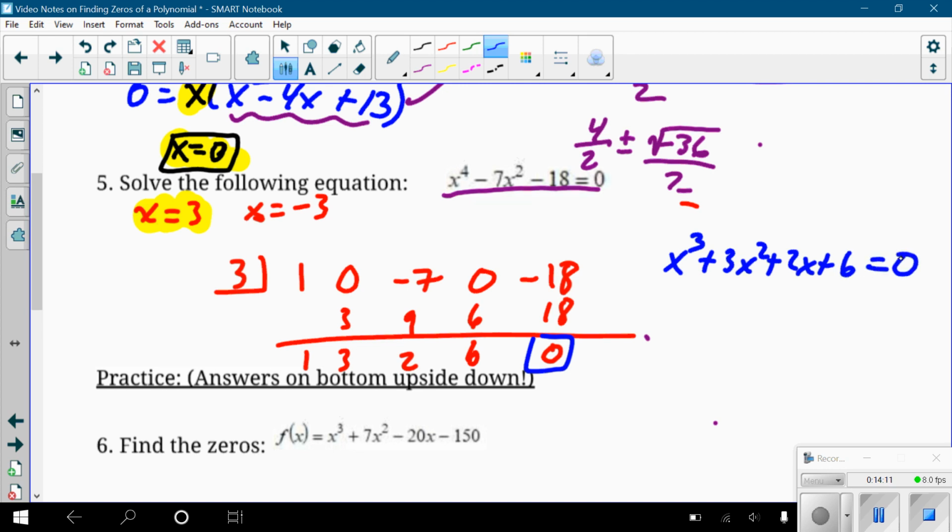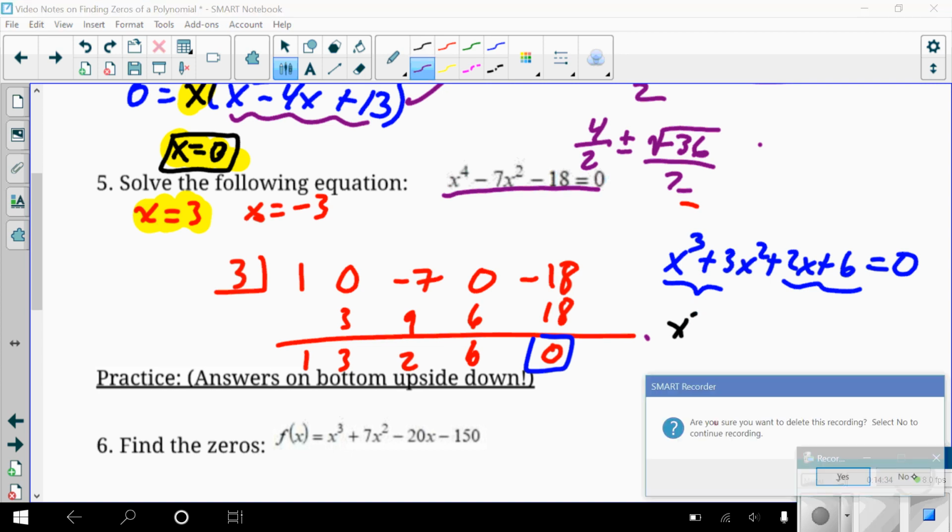Okay. And now I'm kind of back to square one here, and I want to go through my processes again. So it's cubed. So I should think, can I take a GCF out? No. Can I do grouping? I don't know. Let me try it. Okay.